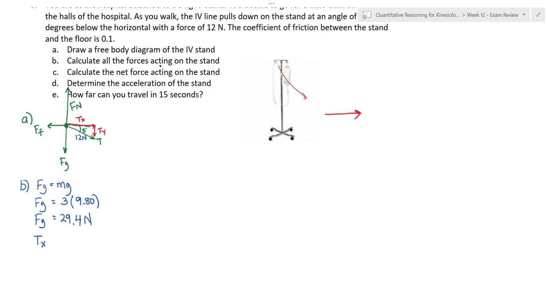It's going to be hypotenuse times cos 8 degrees, so 12 cos 8 degrees. I type that up, and I get 11.8832.